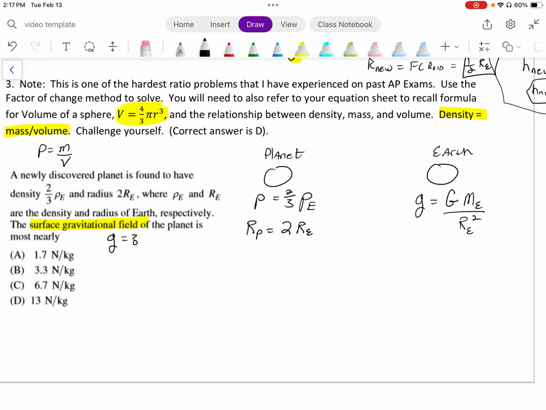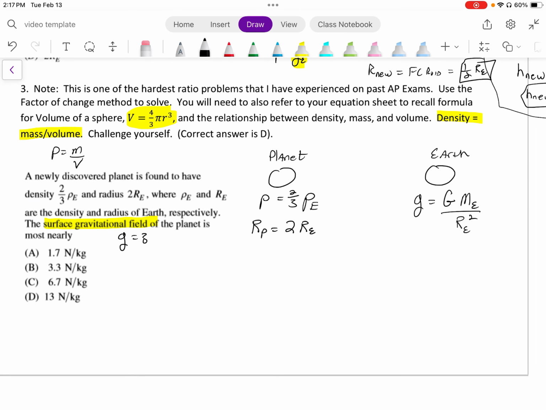Well, the first step in a factor of change problem is to have an equation for the item that we're looking for. So here's the equation. We're looking for the surface gravitational field, which is little g. So we're going to calculate the factor of change on little g.